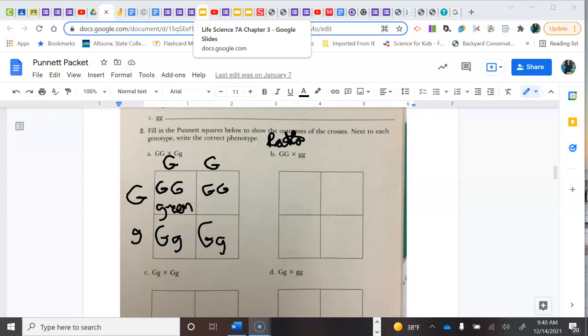I would like you guys to write your phenotypes inside each square. And in this case, my ratio for this one is 4 greens to 0 yellows.